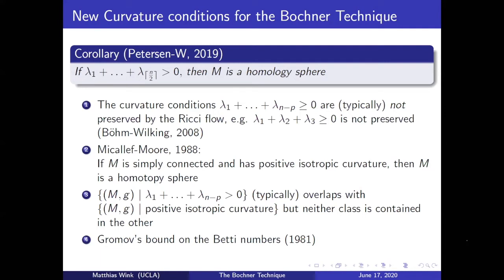And you stumble upon the following observation. If we look at the Bochner technique and we prove a result for a certain non-negativity condition, then once we go to the positivity condition, we get a vanishing result. But for manifolds with positive curvature, obviously we find manifolds with topology.